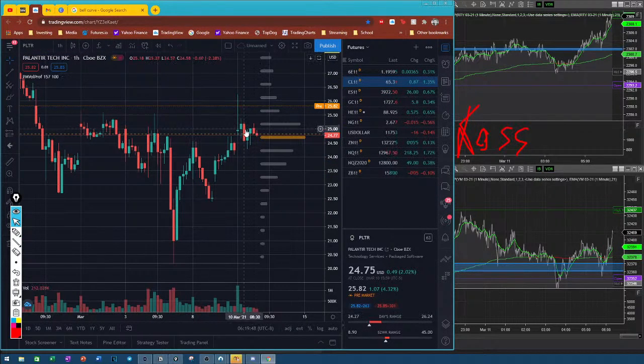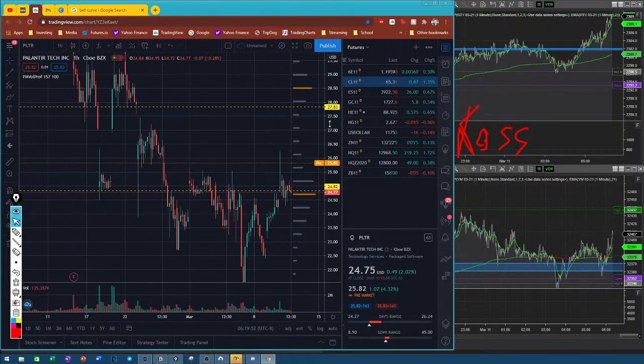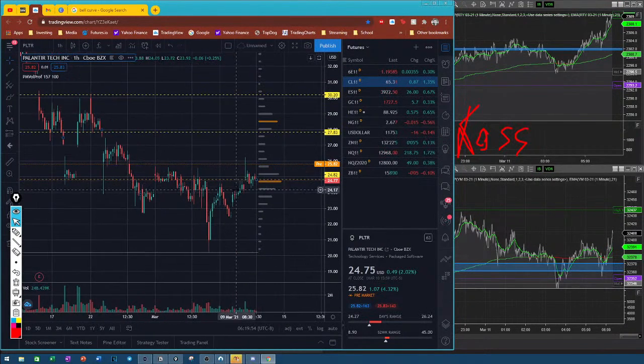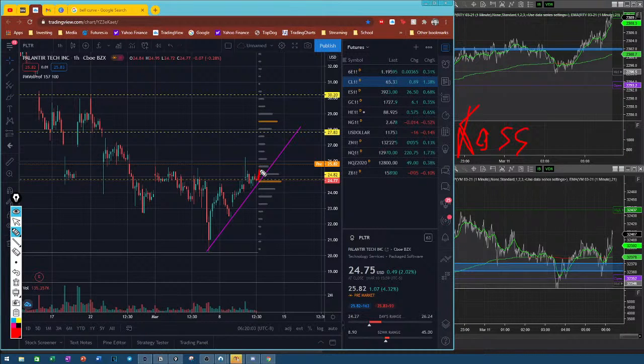All right, we're looking at Palantir here. It looks like it is gapping up from the close, still within yesterday's range. We've got a nice trend line developing right here. So that's where we're opening. So yeah, I think this looks really, really good.